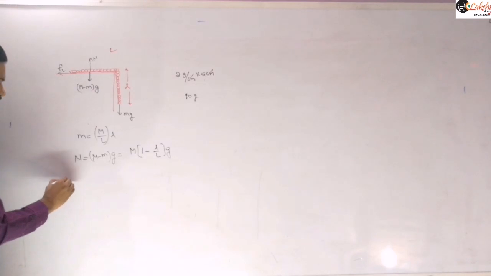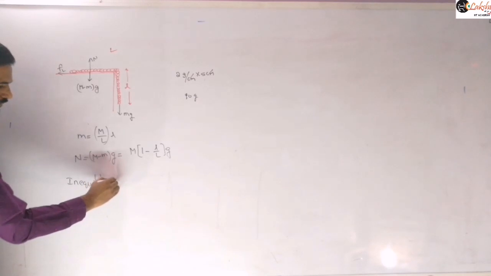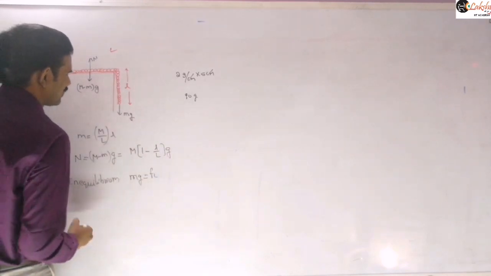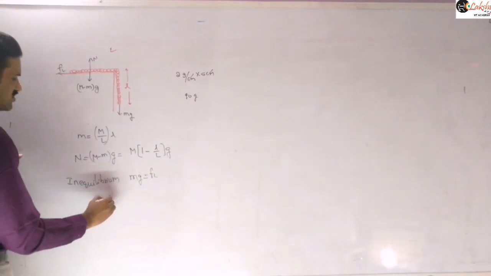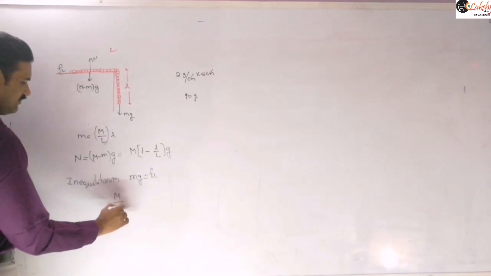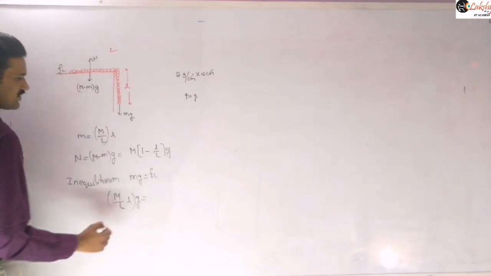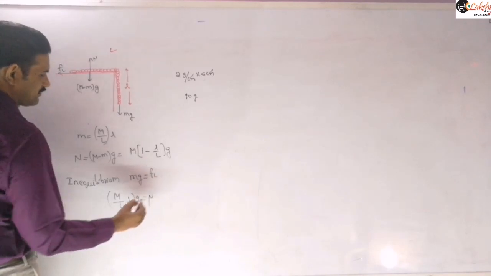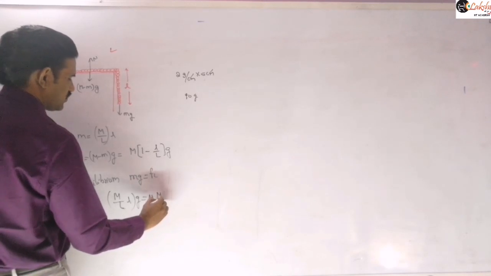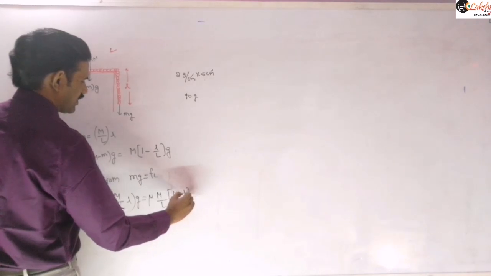Therefore in equilibrium, mg is equal to the weight of that hanging part. So mg, substituting, M by L into l into g is equal to mu into N, that N being the expression here, M by L into (L minus l) into g.